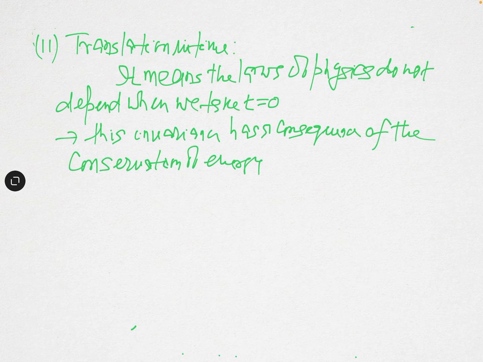So the symmetry of translation of space leads to the conservation of linear momentum, and translation in time leads to the conservation of energy. Actually, invariance under rotations in space, which means that the laws of physics do not depend on the orientation of the coordinate system in which they are expressed, has a consequence, and that consequence is what?